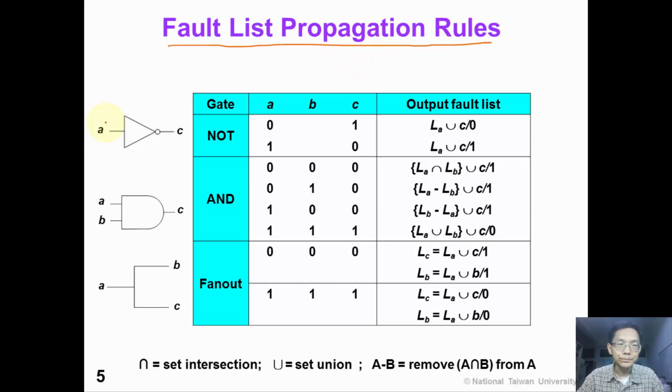For an inverter, suppose the good value of A is 0 and the output C is 1.